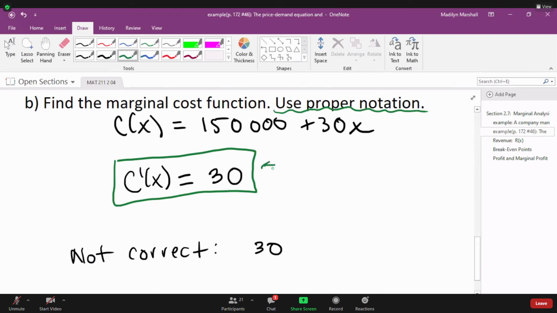So this is a function, and we were asked to find the marginal cost function. This is not a function, it's just a number. So just having a 30 sitting there doesn't give us any context or information about what it is. So c prime of x equals 30 should be the whole answer to this question.